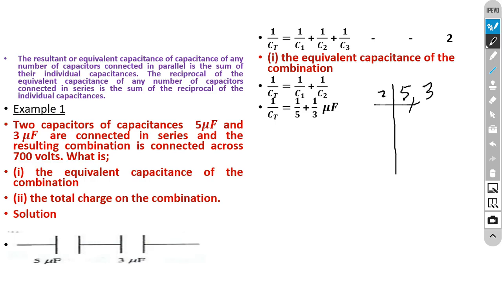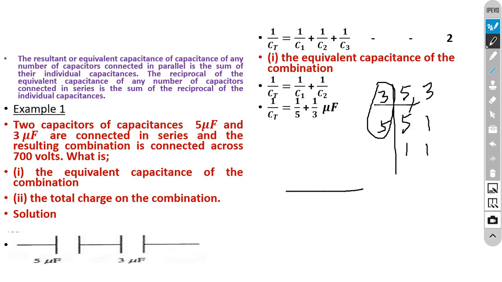Pick a number, let's say 3 can divide 3 here, but cannot divide 5, so we bring 5 down. 3 goes here, 1. What is left? 5. 5 comes here. 5 into 5, 1. We bring down 1. So what we have here is 3 and 5. So 3 times 5 will always give us the LCM. So that's what we are going to do here.